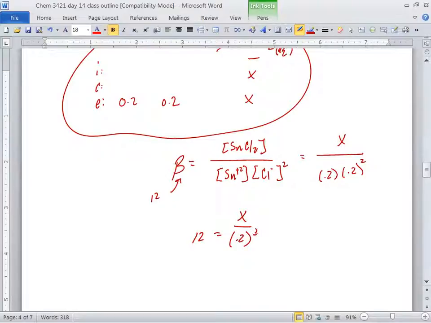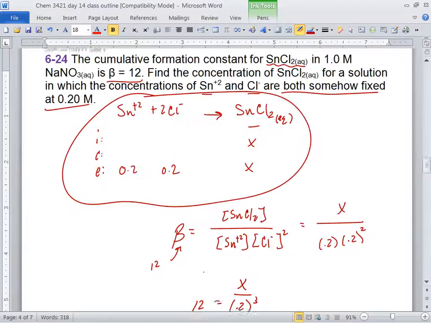Either way, I take 12 times 0.2 to the third and I'll get my x. I got about 0.096. That's my x.